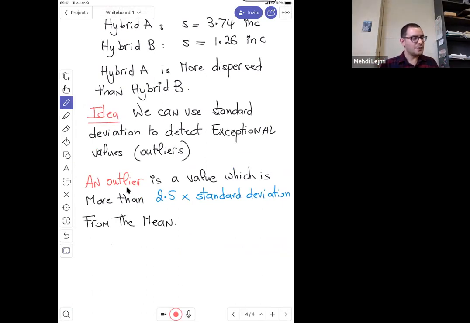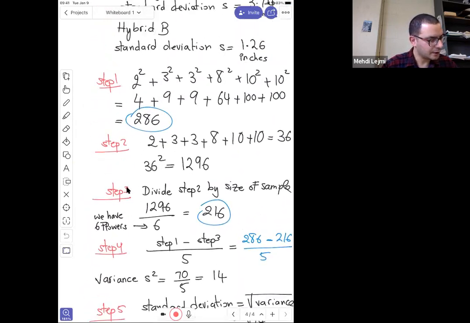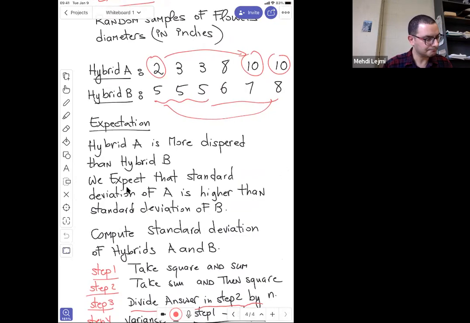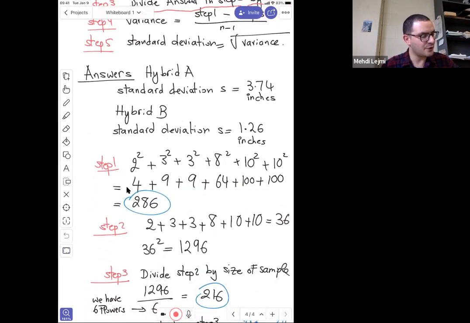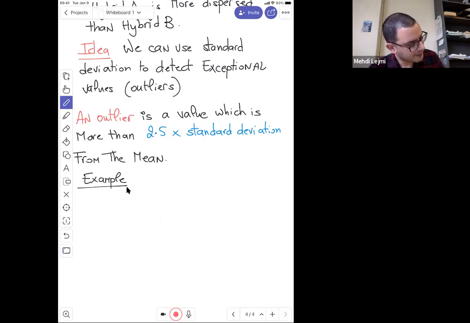Let me give you an example. I'm going to use my first example, the one with 17, 19, 20, 27, 27.